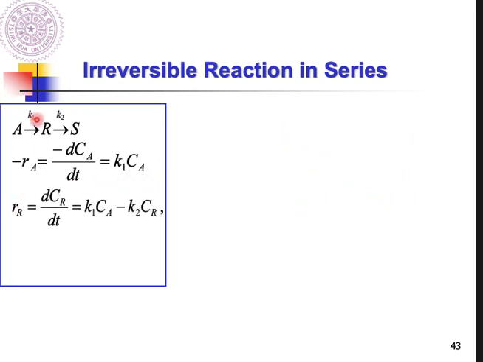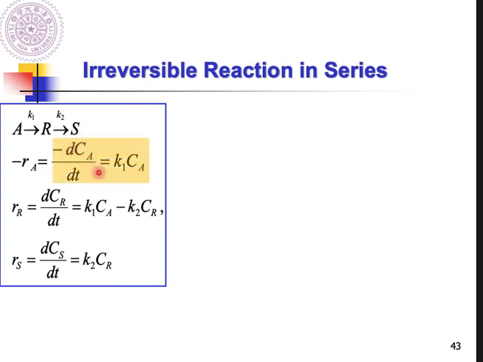The RR is K1CA minus K2CR, where K1 is the increase and K2 the decrease, in the concentration of intermediate R. And the RS is easy: dCS/dt is K2CR. All belong to first order elementary reactions.